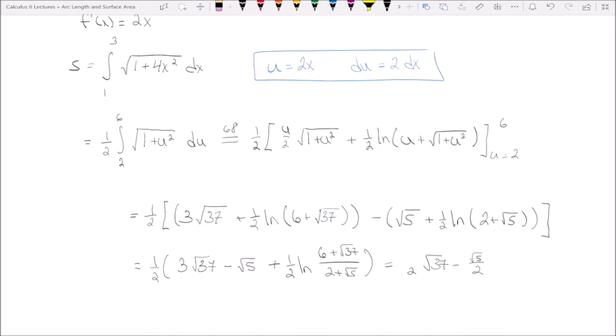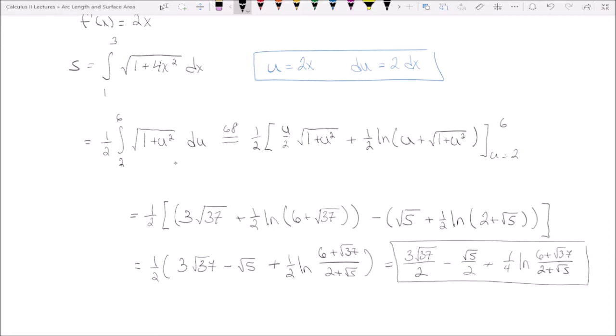What I actually want to do is rewrite this first one as 3 root 37 over 2 instead of 3/2. Right, and then plus a quarter log of 6 plus root 37 over 2 plus root 5, and that would be our arc length.